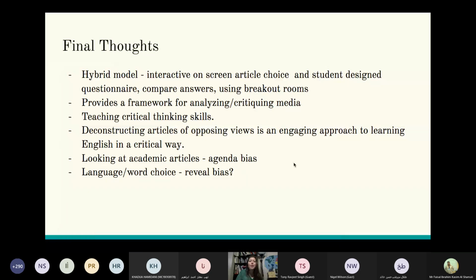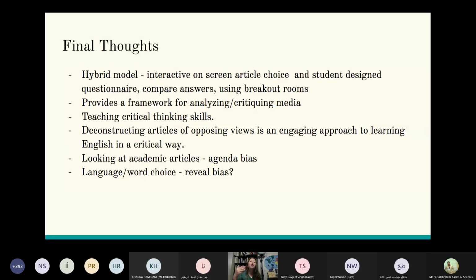All right, and then final thoughts regarding this particular project and what I do with my students. It also provides a framework for analyzing and critiquing media, teaching critical thinking skills, and more importantly, deconstructing articles or even pieces of media, looking at the opposing views as an engaging approach to learning, as well as giving them a chance to look at academic articles and agenda bias.